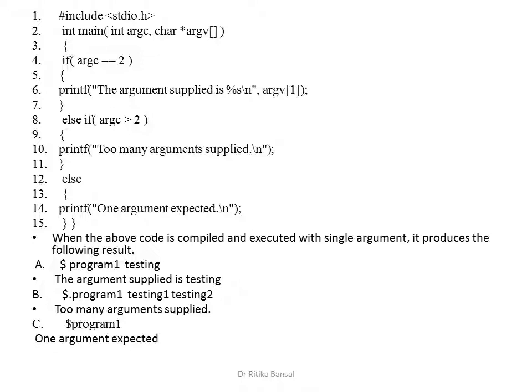If point b is executed, program 1 testing 1 testing 2, total argc count will become 3. It means the eighth line will be true, the else if line, and the output will be too many arguments. In point number c, we are executing program 1, which means we are not supplying any argument, so argc count will be 1, so it will not match. If there is no match, the else part will get executed, one argument expected.